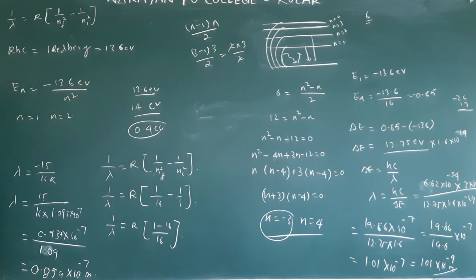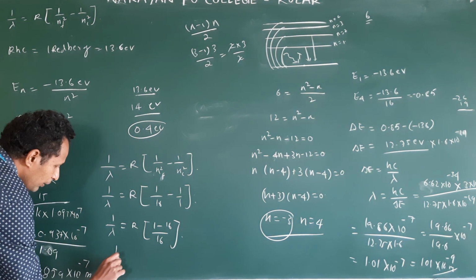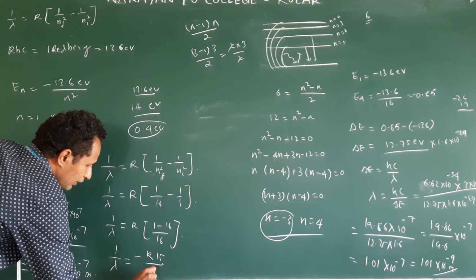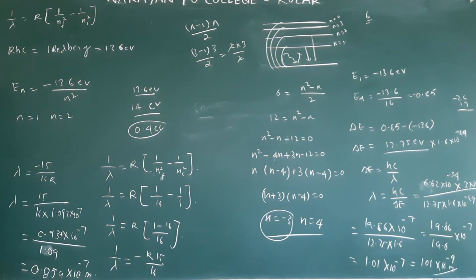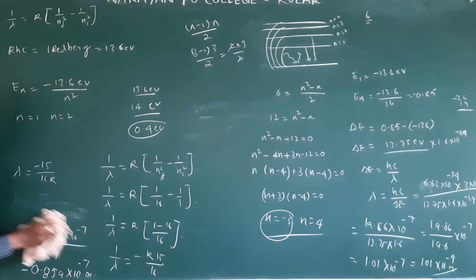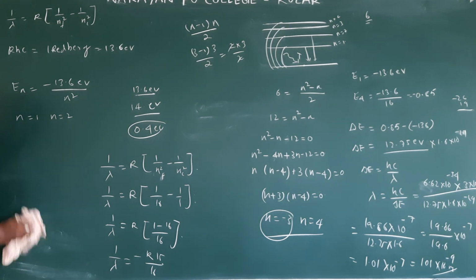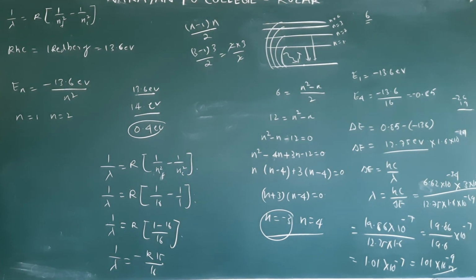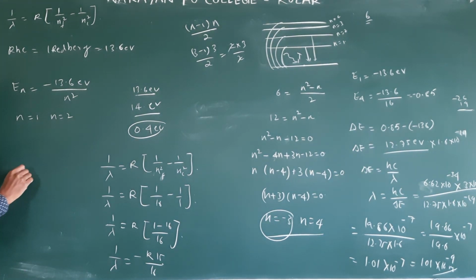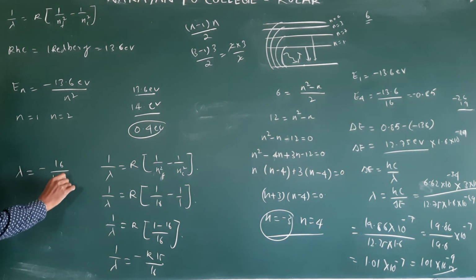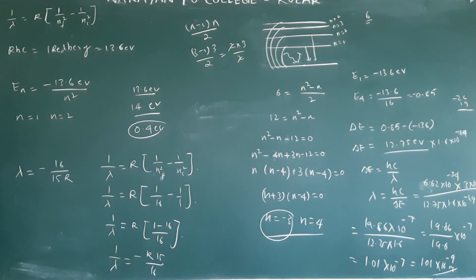So if you write directly, 1 by lambda is equal to minus r into 15 by 16. We are changing, so this is a wrong calculation. What is this? Lambda is equal to minus 16 by 15 R. The minus sign here is absorption.